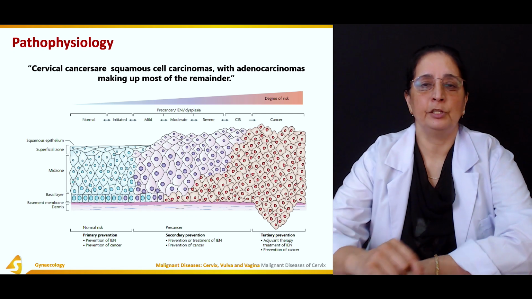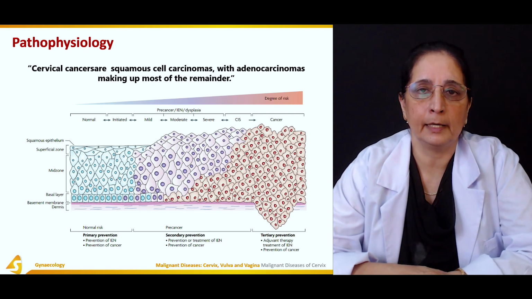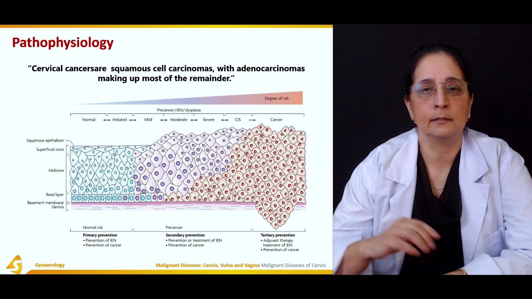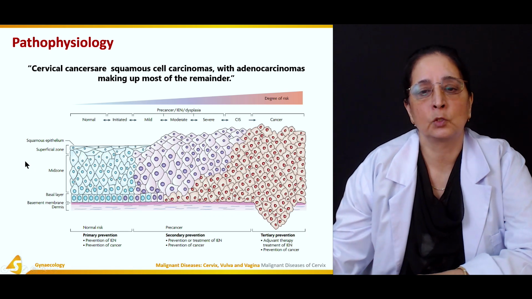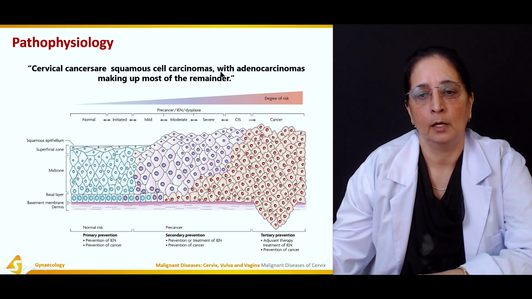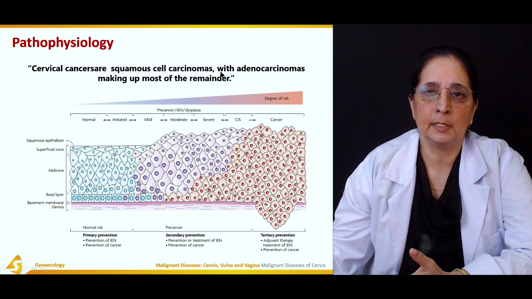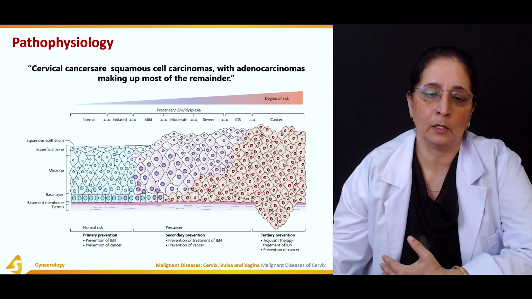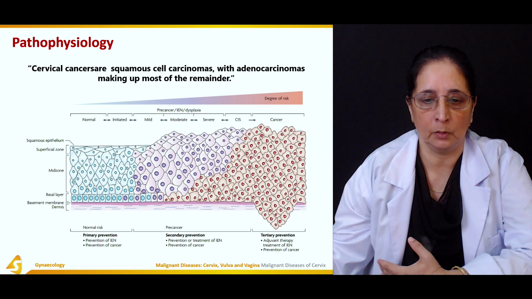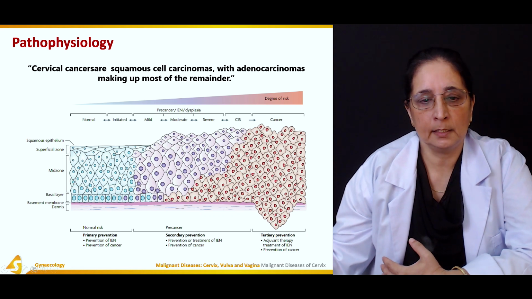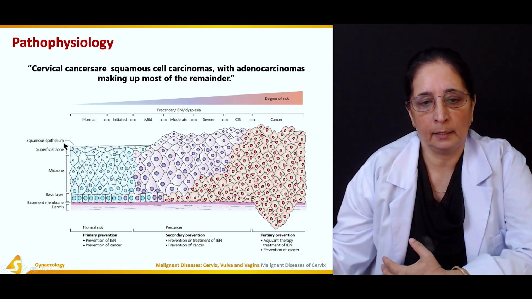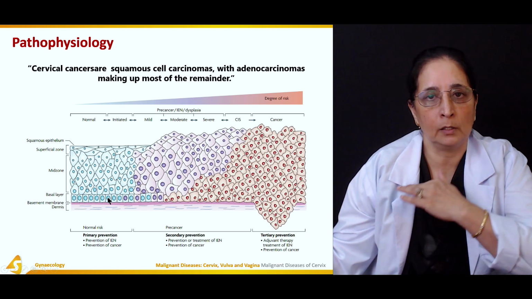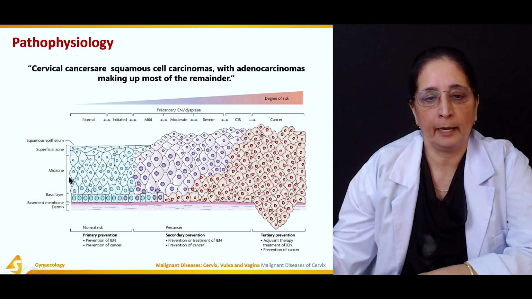Now, the pathophysiology of cervical cancer. Cervical cancers are usually squamous cell carcinoma, mostly squamous cell, and some cases are also adenocarcinoma. Here, this is the normal basal layer, or the bottom layer. Then we have the mid zone and the superficial zone.